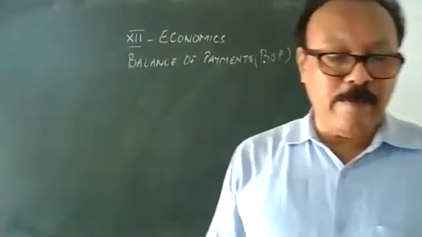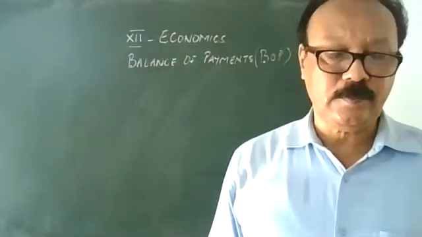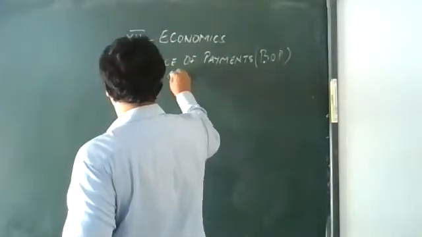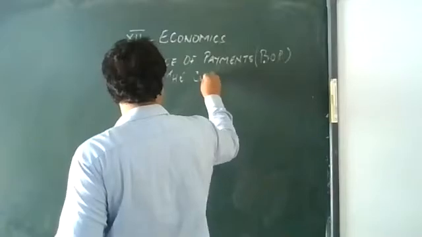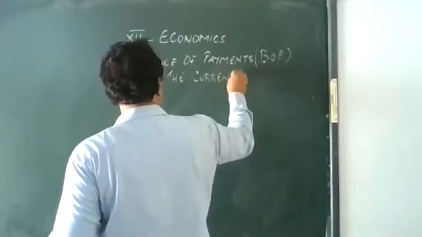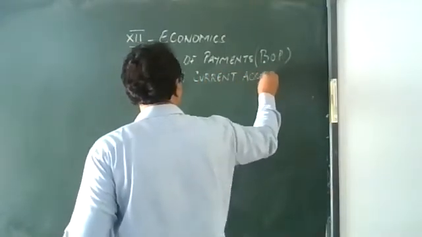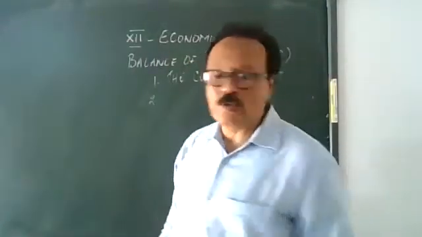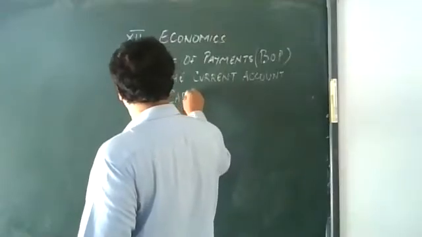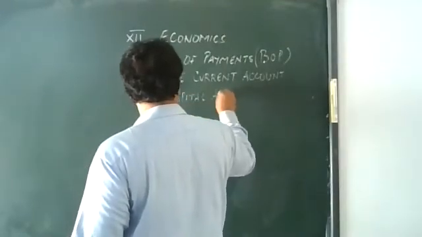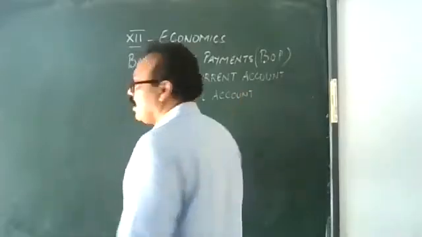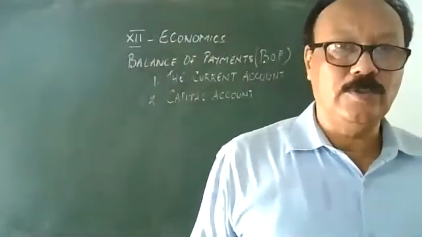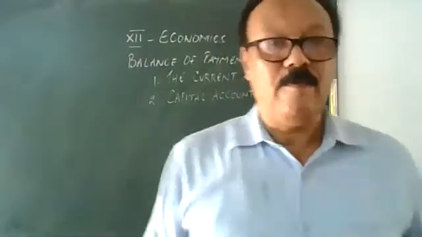There are two main accounts in BOP, that is the current account, and second is the capital account. Okay, first one.